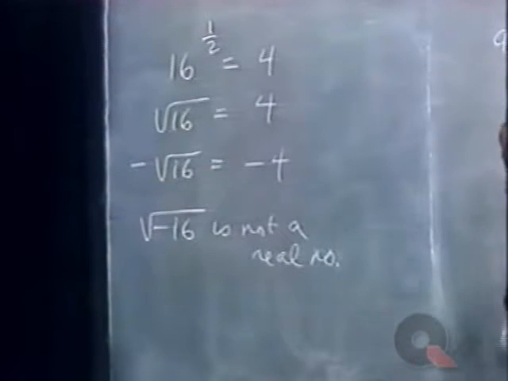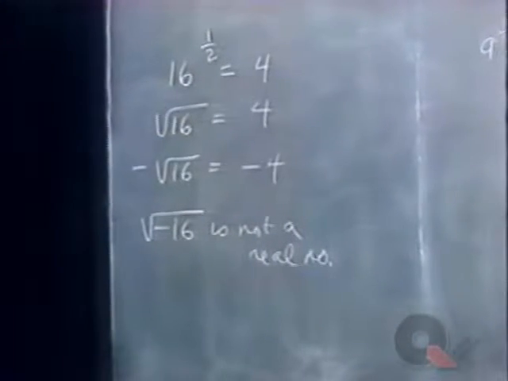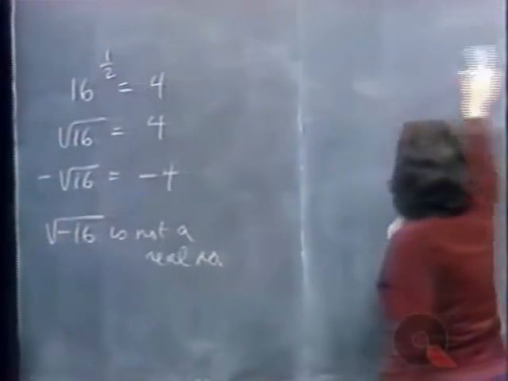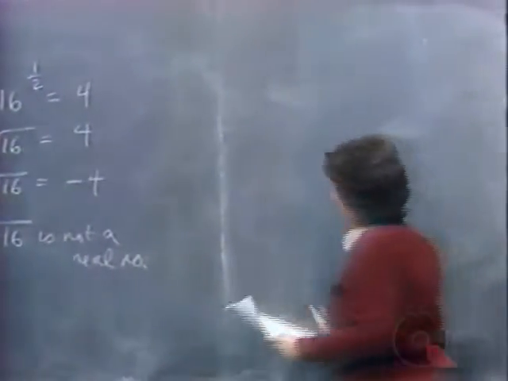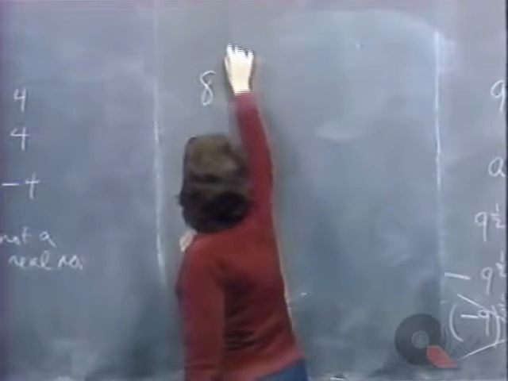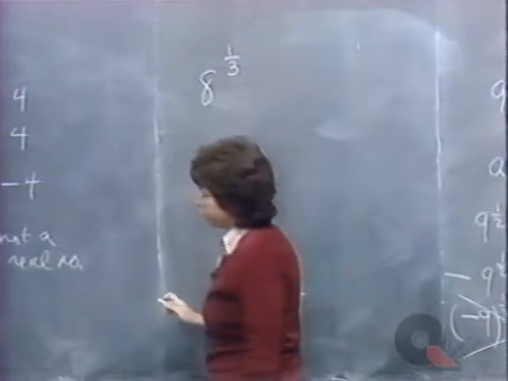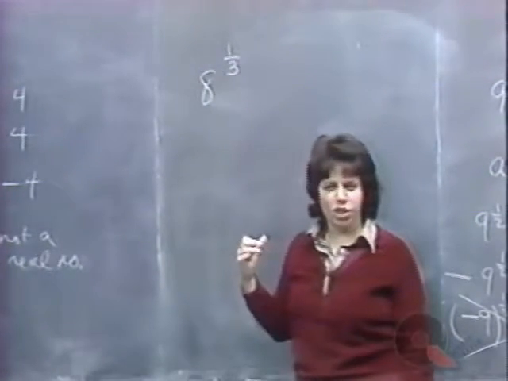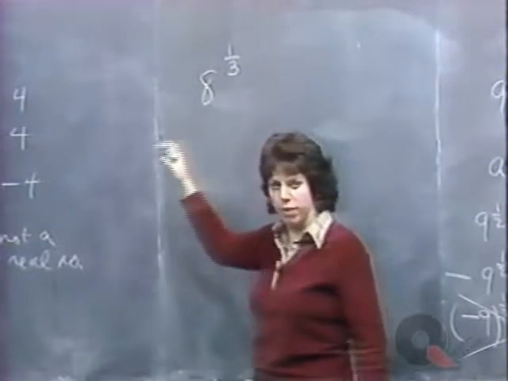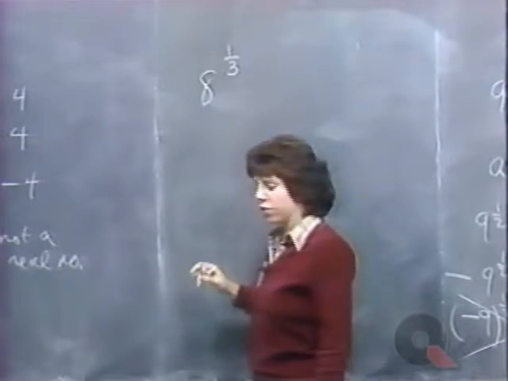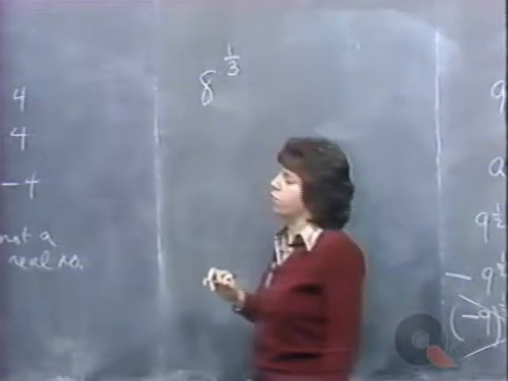Let's now consider a power of 1/3. What do we mean by, say, 8 to the 1/3 power? We're trying, remember, to handle rational number or fractional exponents. We considered an exponent of 1/2. Now we're considering an exponent of 1/3.